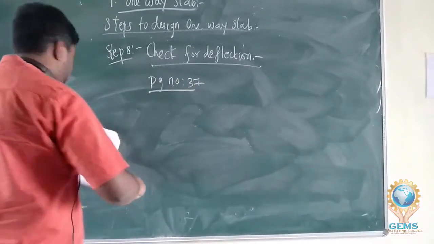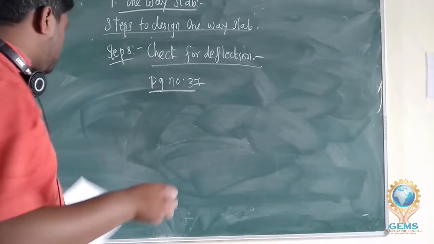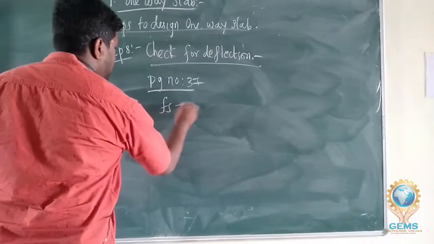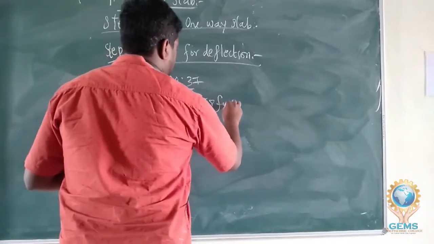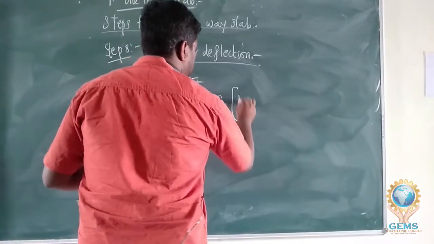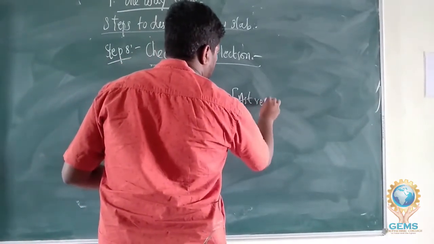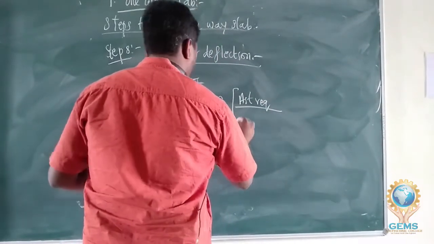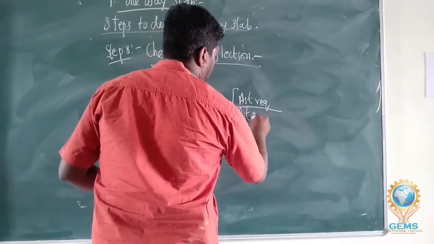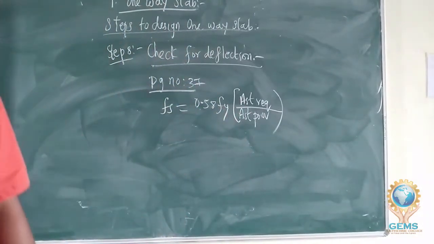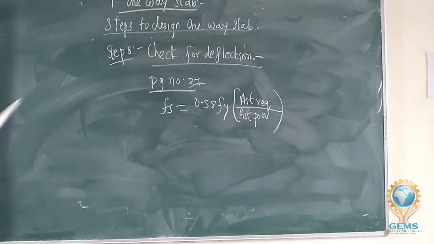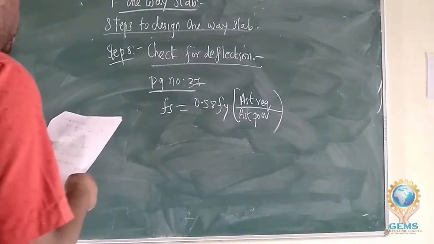I will show you while we are doing problems. As a formula, Fs is equal to 0.58 Fy into AST required divided by AST provided. So using that formula, you will get a value.